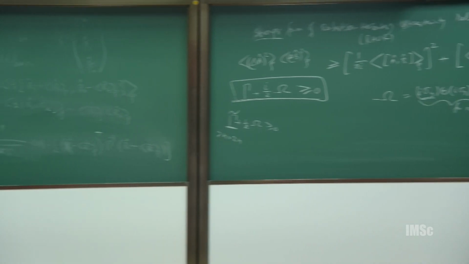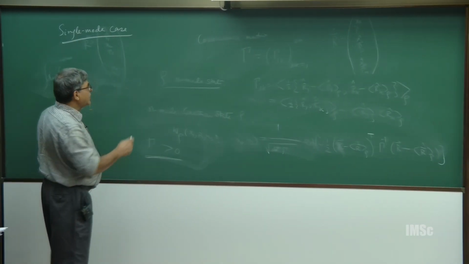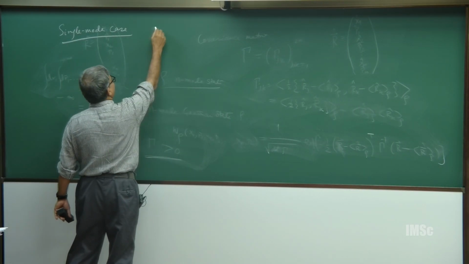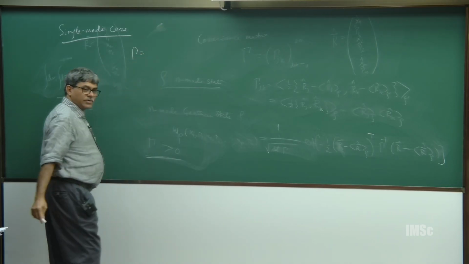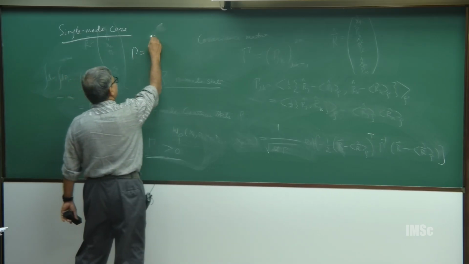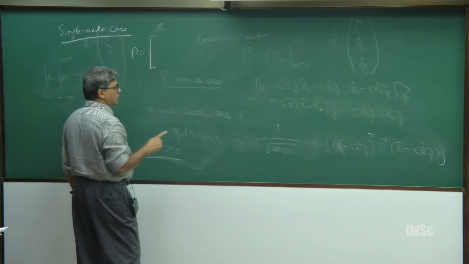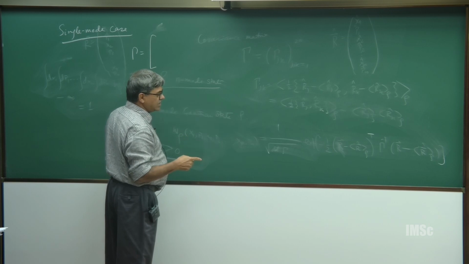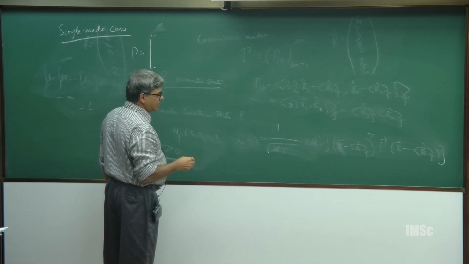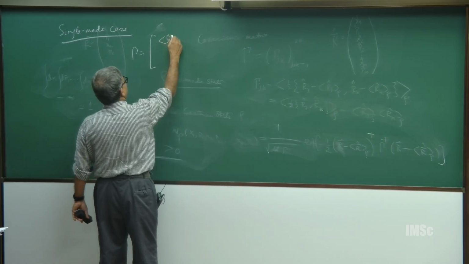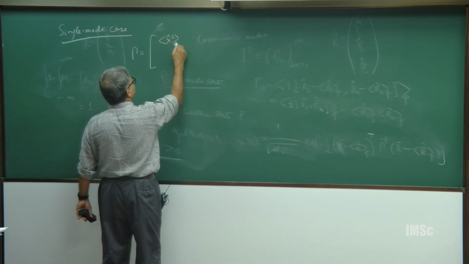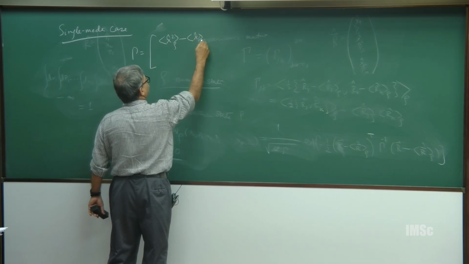Okay. So this is the single mode case. I have a state rho which is a single mode state. Let me look at the gamma matrix. What is gamma 1 1? Basically, it is x square rho minus x rho square.